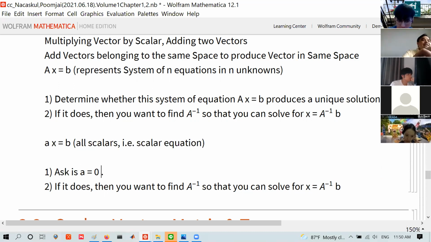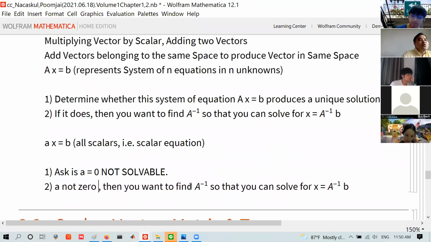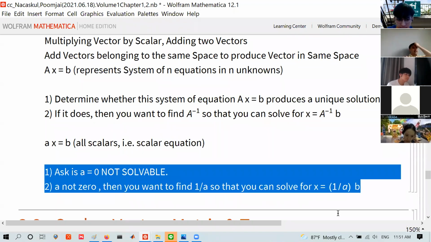If A is equal to 0, then it's not solvable. If it's solvable, in other words, A is not 0, then you want to find 1 over A so that you can solve X is equal to 1 over A times B. That's it. You did this in 5th grade.